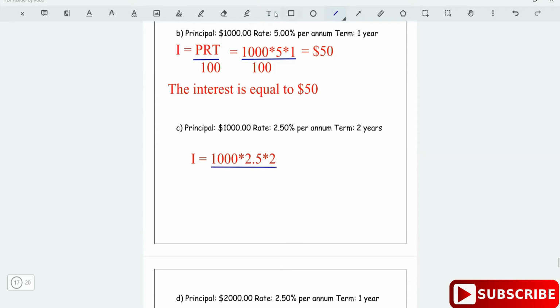This works out to be 1,000 times 2.5 times 2 divided by 100, which is $50. So the interest is $50. Nice and easy. Next question.